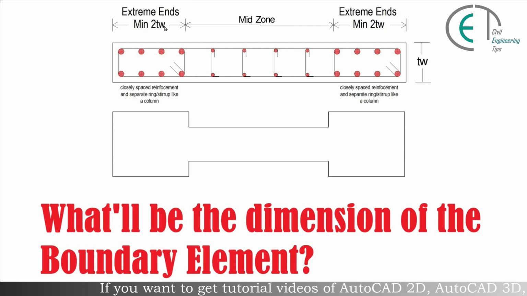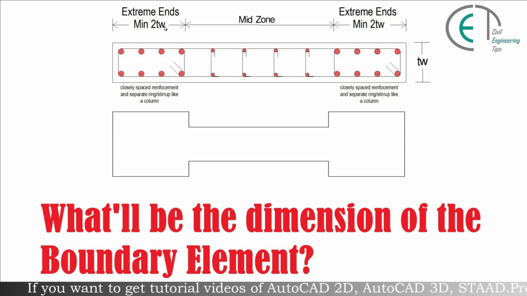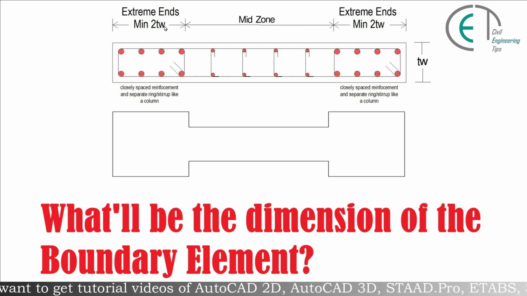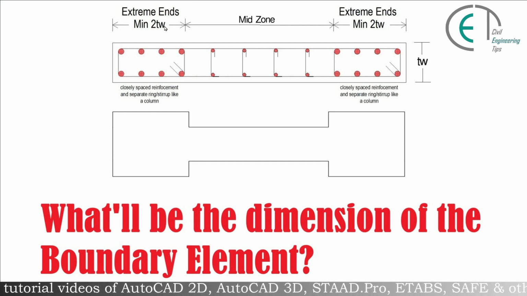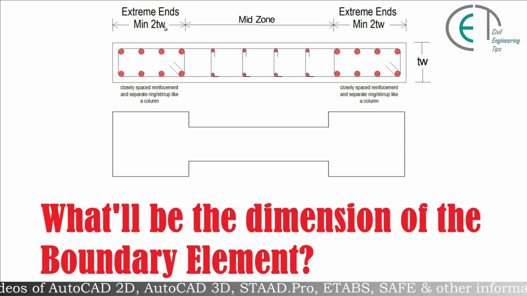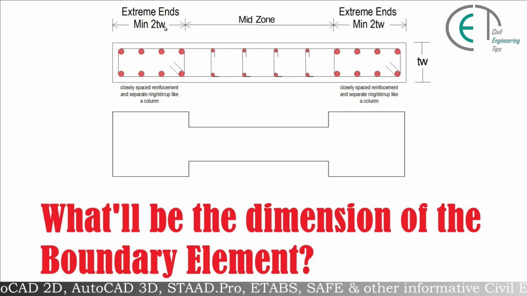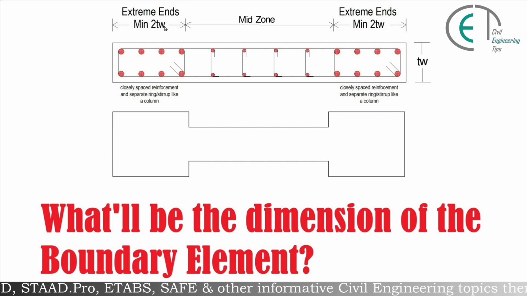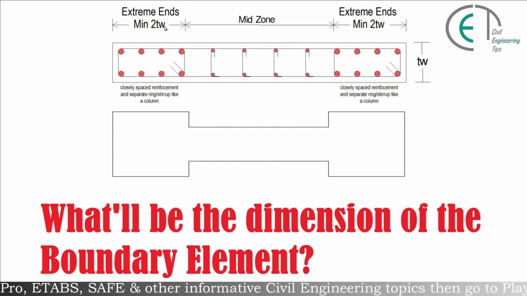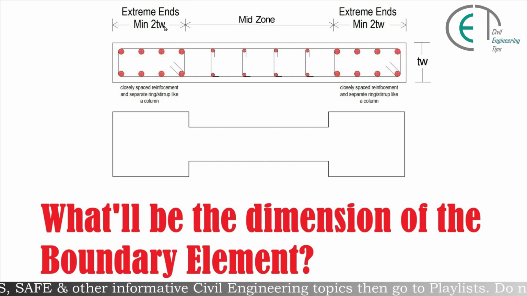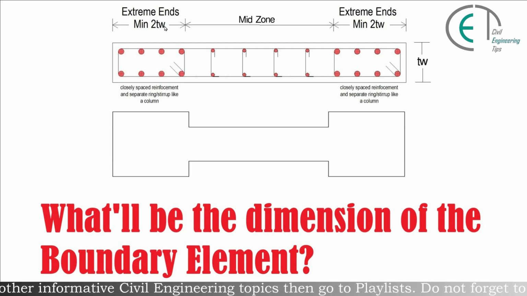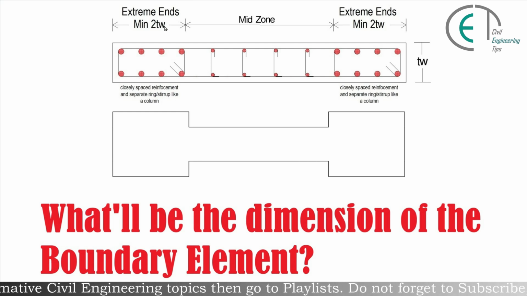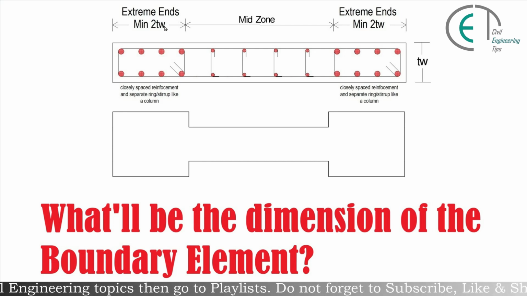If it requires a larger dimension, we will keep the thickness tw fixed and increase the length. Then we will check whether the compressive stress is less than 0.2 f'c or not. If it crosses 0.2 f'c, we will increase tw. We know stress is equal to force divided by area, so if we increase tw, it will decrease the value of stress and it will satisfy our requirement.